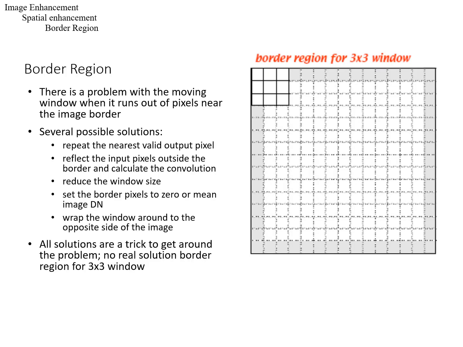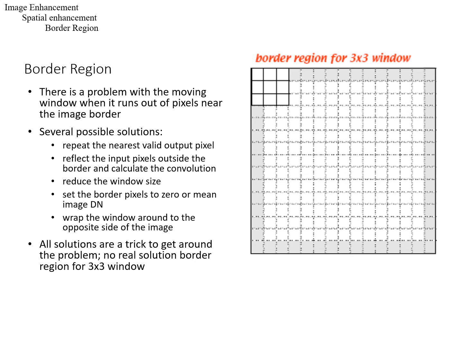I told you we'd talk about border regions. So here we have a 3x3 window. If we apply that window toward the edges, then what's going to happen is some of the kernel elements are going to be outside of the border of the image. So there are lots of possible solutions.